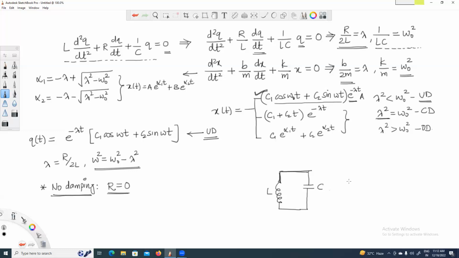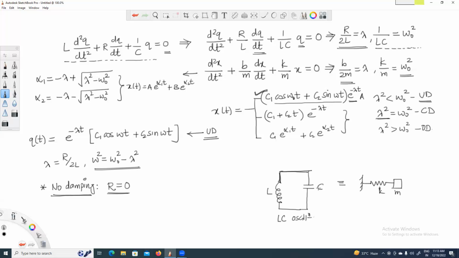This is exactly equivalent to a mechanical system with a spring and mass without any damping. You know that if you just have this mass and spring, it will keep oscillating between certain amplitudes without the amplitude decaying, right? Similarly, you must have studied this beautiful phenomenon of LC oscillations. So what happens here?